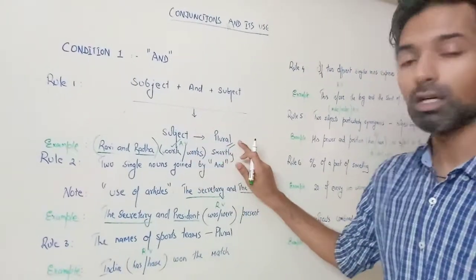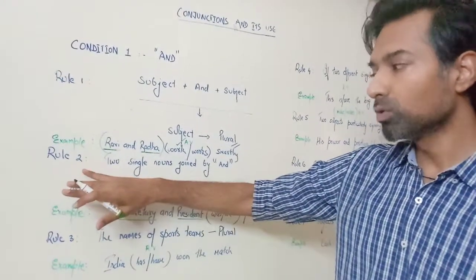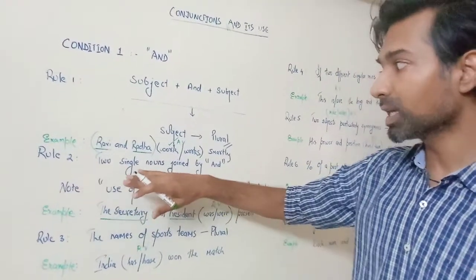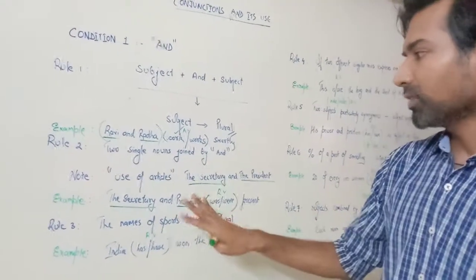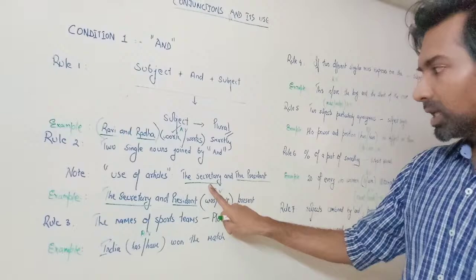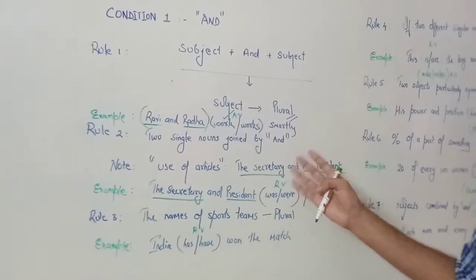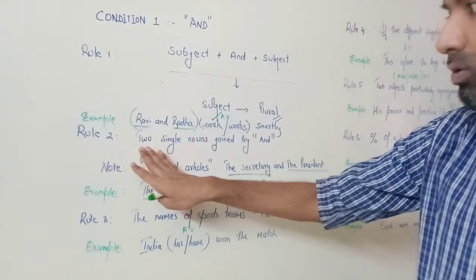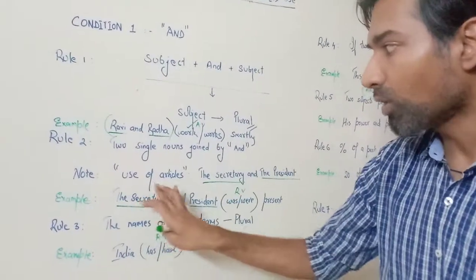Coming on to the second, rule number 2 talks of two single nouns joined by and. For example, the secretary happens to be a noun, secretary and president. Now the point is, rule number 2 talks of two single nouns joined by and, and the use of articles.